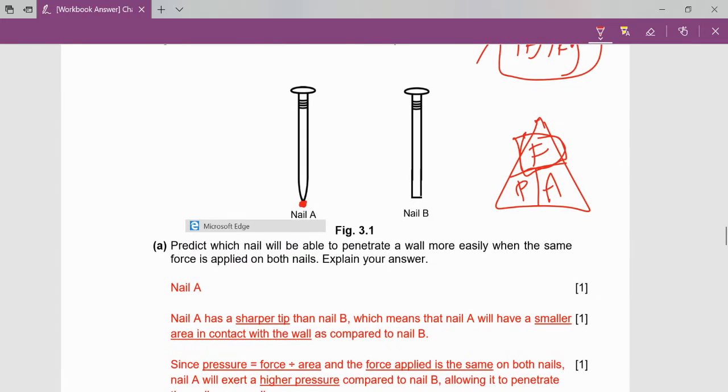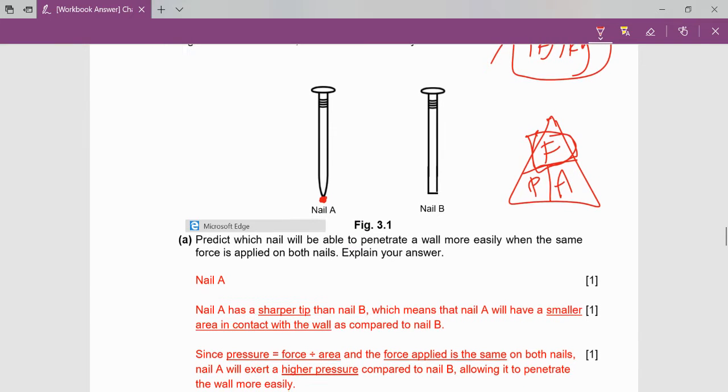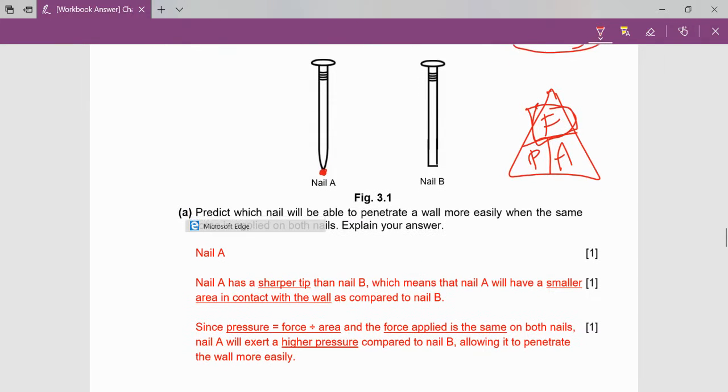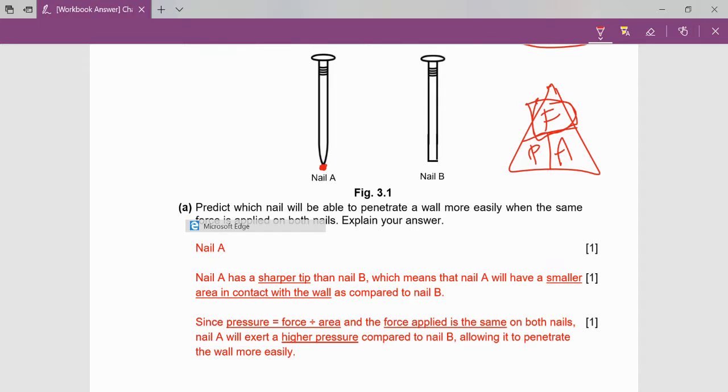So why? You cannot just say, oh, the answer is A because the smaller the surface area, the higher the pressure. If you give this kind of answer, you are not applying your knowledge, you're just memorizing and regurgitating.